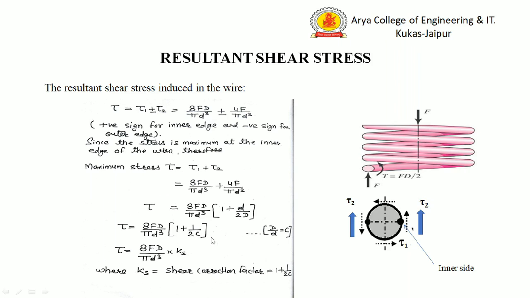By replacing the bracket with the factor Ks, we get tau is equal to 8FD upon pi d cube multiplied by Ks, where Ks is the shear correction factor, equal to 1 plus 1 upon 2C. So the final resultant stress is 8FD upon pi d cube multiplied by Ks.